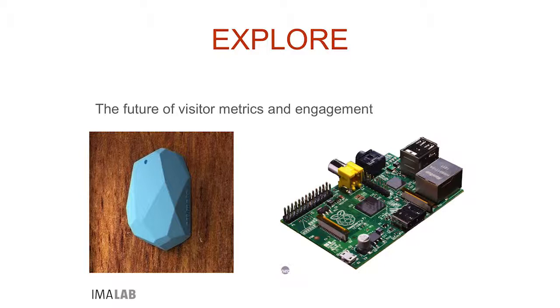So one of the things that we've talked about before in other conferences is our visitor flow project, and this is a project that we have to try to establish some sort of visitor metrics inside of our galleries. And initially we were also wanting to do some type of triangulation to kind of track the flow of visitors through the different galleries.